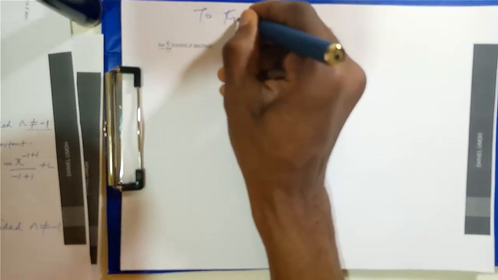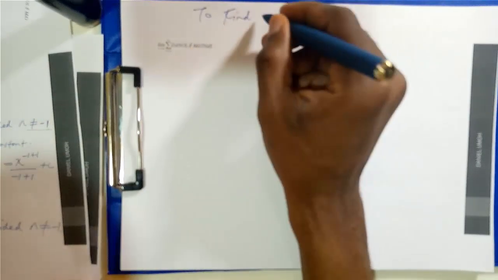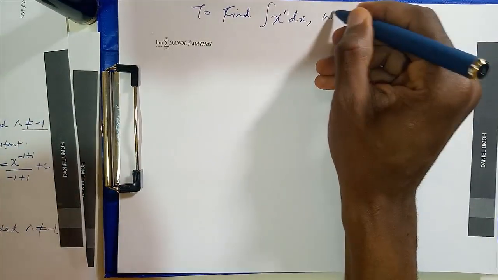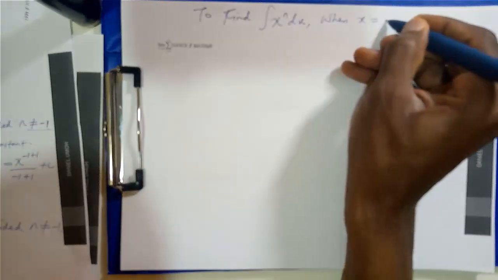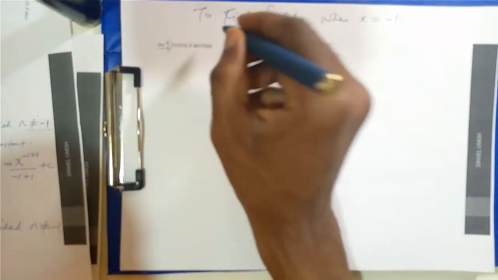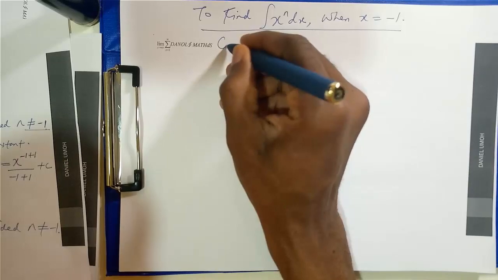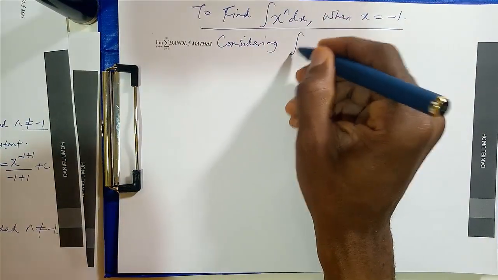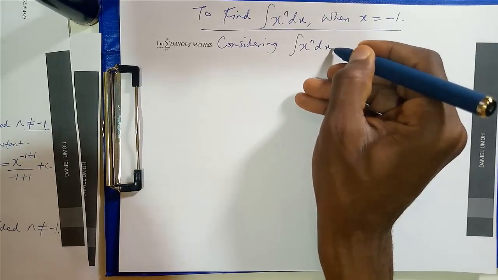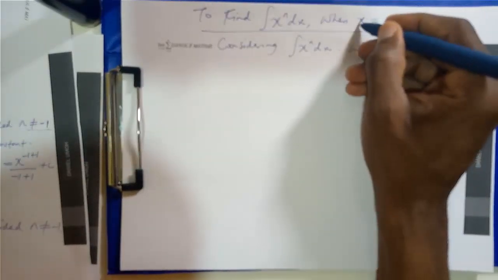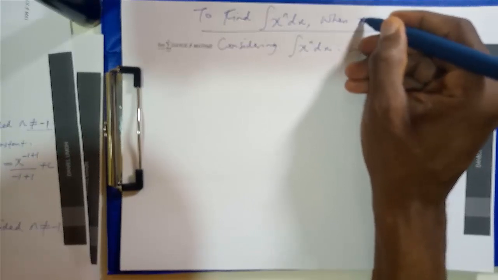So please pay attention. To find the integral of x raised to the power of n dx when n equals minus 1, considering the integral of x raised to the power of n dx, this is when n equals minus 1, please.